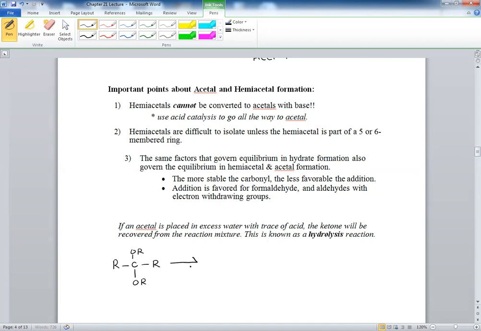If you react this with a trace amount of acid and water, you can go back to the ketone. So that's hydrolysis. There's a mechanism for this. It's exactly the reverse of the acetal formation. So now you're going back to the ketone. Imagine it's playing in reverse.